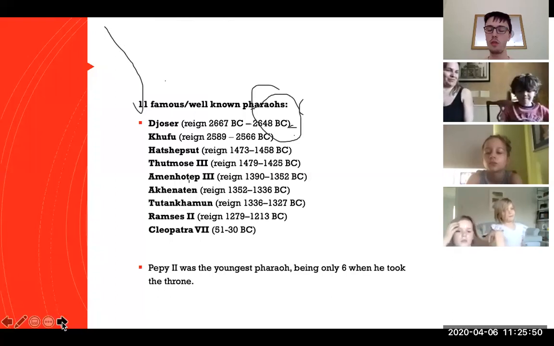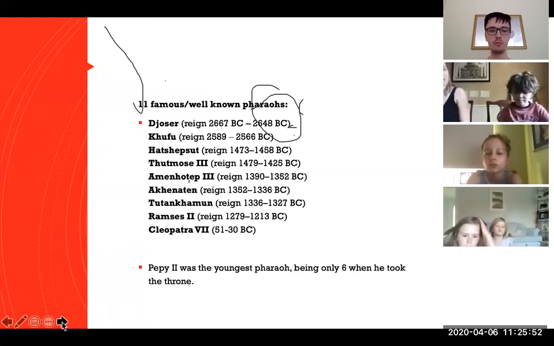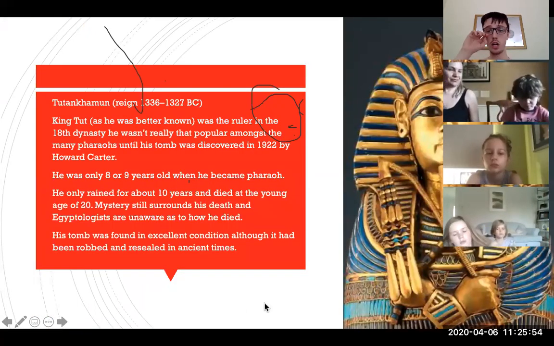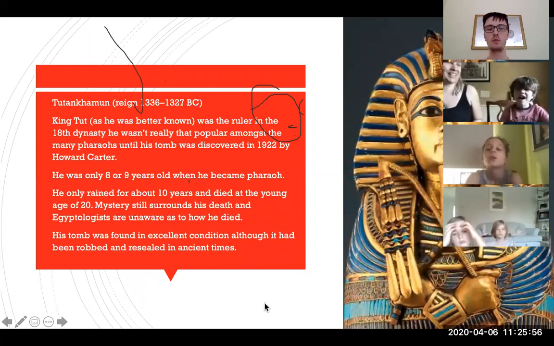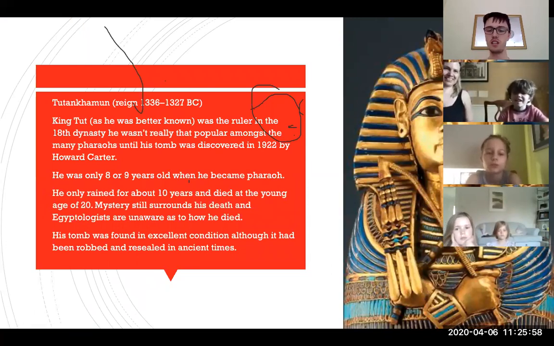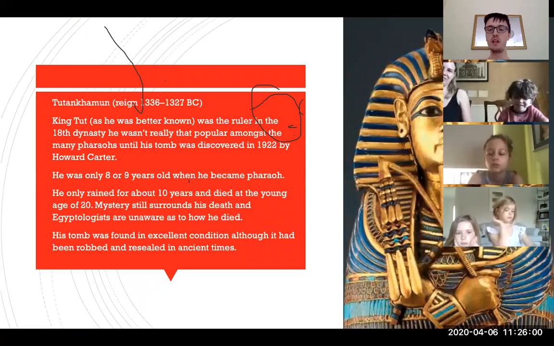So there's another one that I thought you might like to have a look at as well. So we're going to focus on Tutankhamun, who reigned between 1336 and 1327. He was better known as King Tut, and he was the ruler in the 18th dynasty. He wasn't that popular until his tomb was discovered in 1922 by Howard Carter.